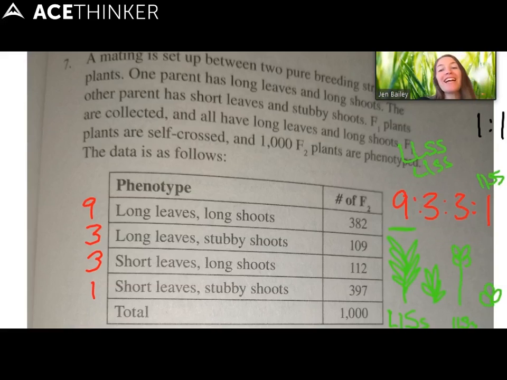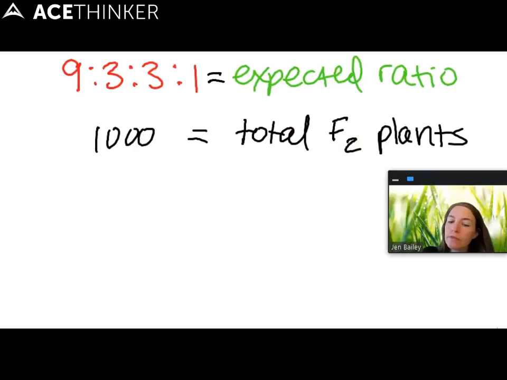So now that we know we're going to be using chi-square analysis, what do we do first? Well, we have to find our expected and observed data. Good thing is we already know what our expected ratio is. So we can actually calculate our expected data based on this ratio. Here's how we do it. We know that our 9:3:3:1 is our expected ratio for that dihybrid cross.